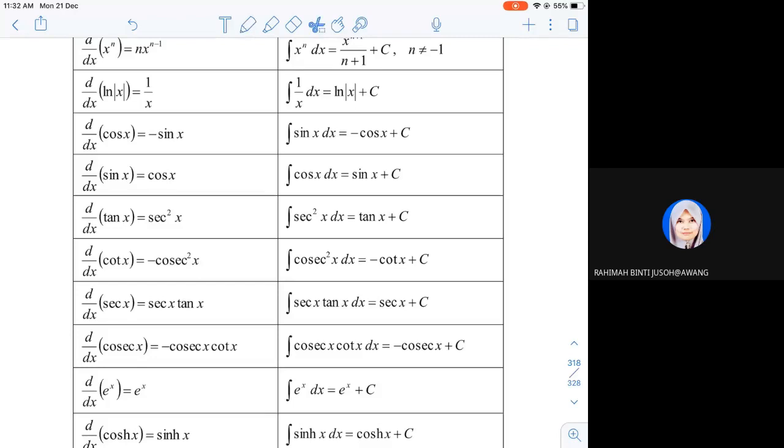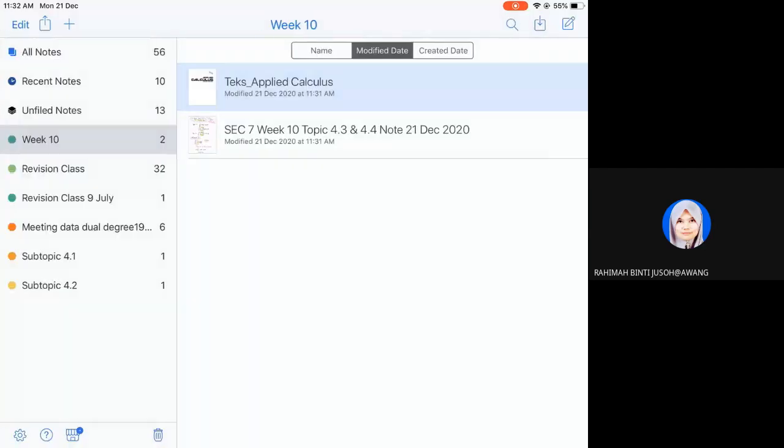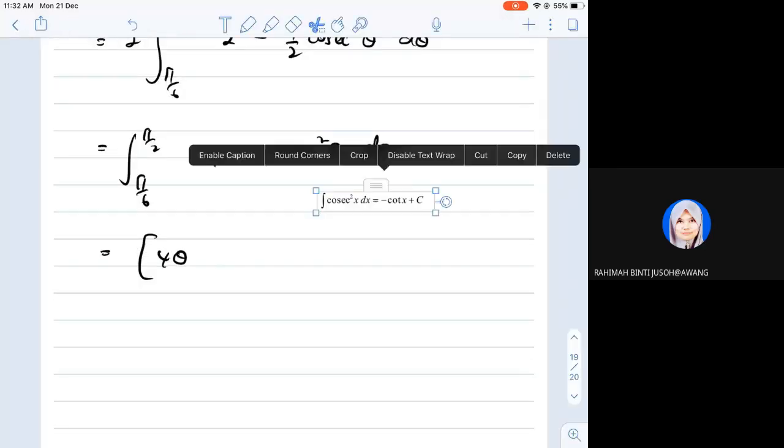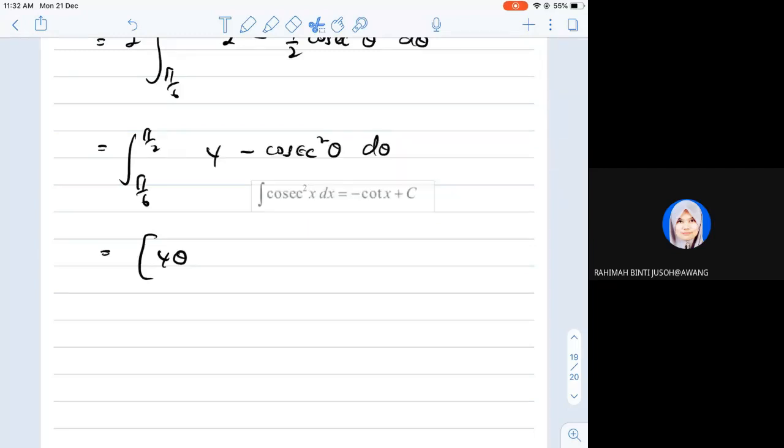Yes, we have this. Copy, paste. The integral of cosecant squared gives negative cotangent.